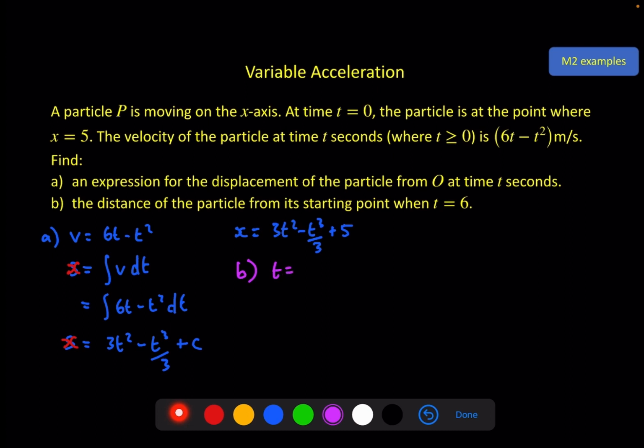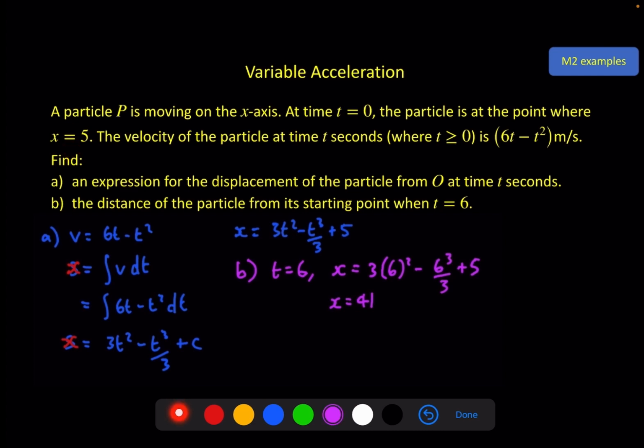So when t is equal to 6, x is equal to 3, 6 squared minus 6 cubed over 3 plus 5, which is 41. So now we know that when t equals 6, x equals 41. And we need to compare that to its starting point when t equals 0. At t equals 0, the particle is at x equals 5.